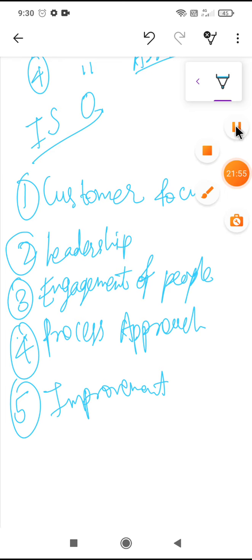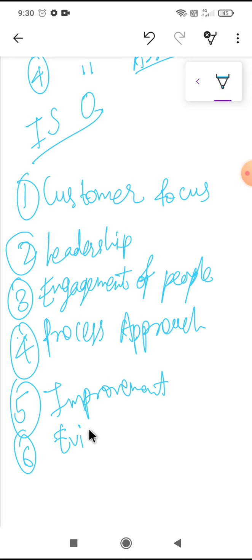Then the sixth principle is evidence-based decision making. Decisions based on analysis and evaluation of data and information are more likely to provide the desired results. Decision making can be complex and it involves many uncertainties and many variables.